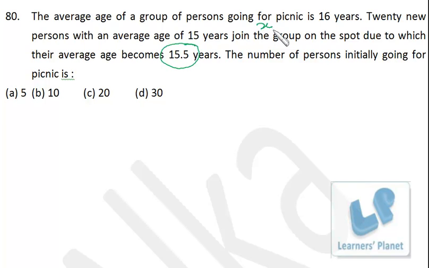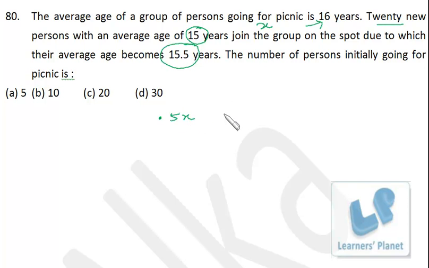And average age of this X persons is 16 years, right? Once again we go for the deviation method. This 20 persons average age is 15 and overall age is 15.5. Right? So this X persons age is 16, so deviation is 16 and 15.5, deviation is 0.5, right? So X person total deviation will be 0.5X, right?